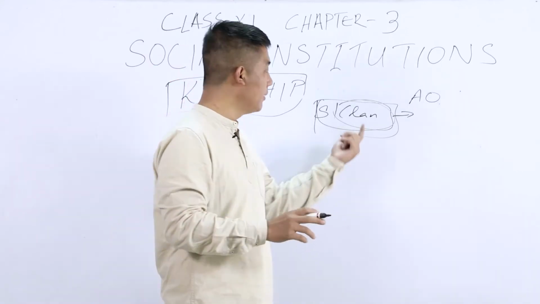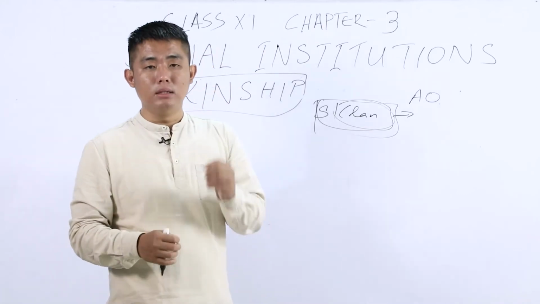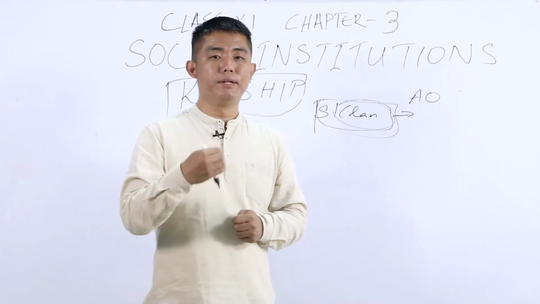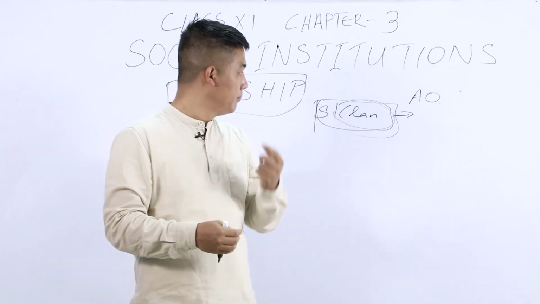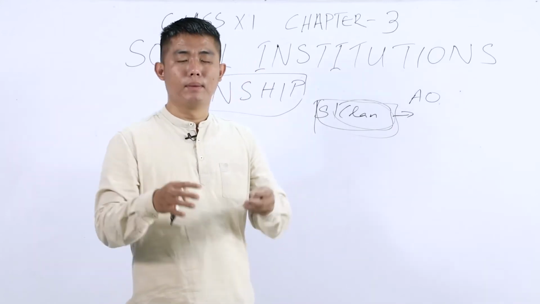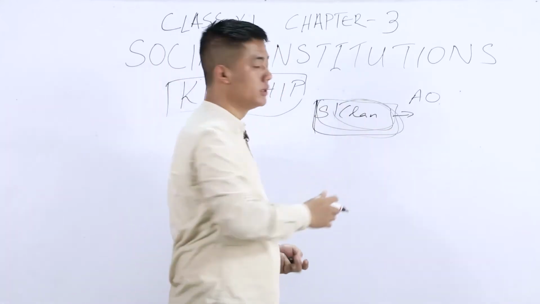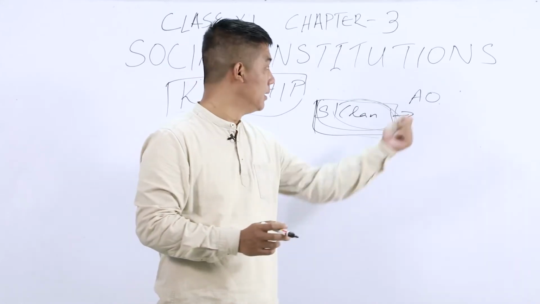This can come under incest taboo. Since I have already explained incest taboo in my previous classes, I'm not going so much into detail about it. So people belonging to the same clan cannot intermarry among the Aos.